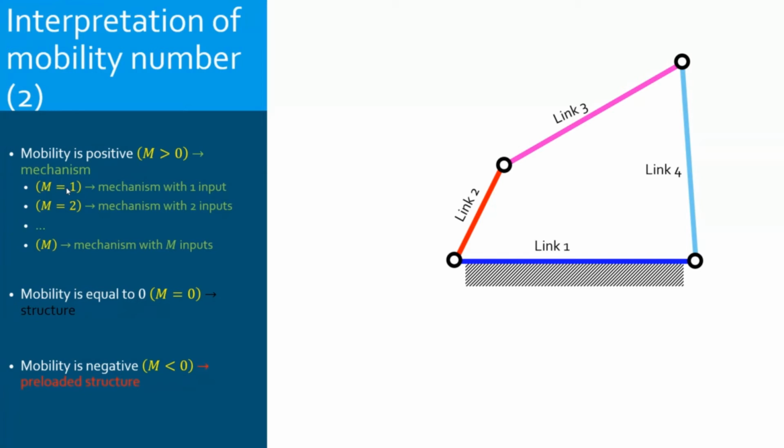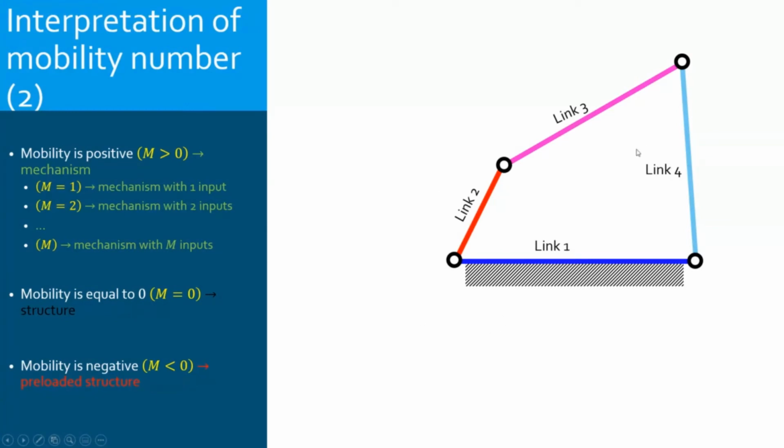It's not good. So here, for the 4-bar mechanism, mobility equals 1, it means you need to control one link by an external source. Why one link? Because here each link has only 1 degree of freedom. So for example, if I have a motor to control link 2, it's fine.